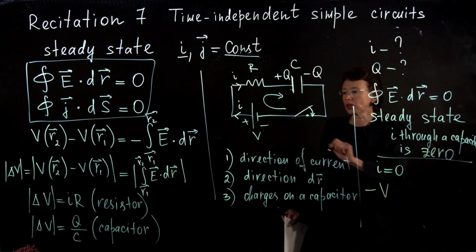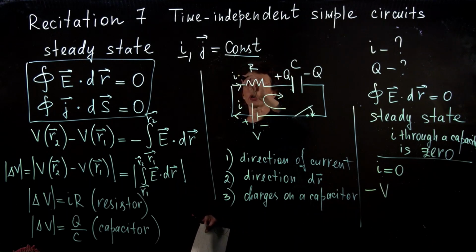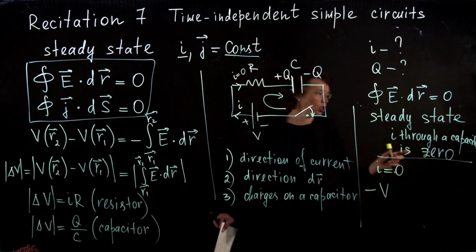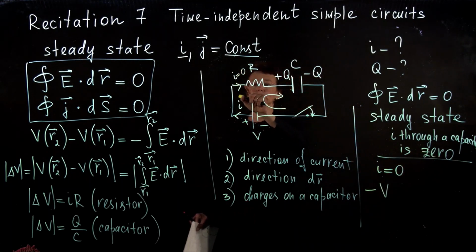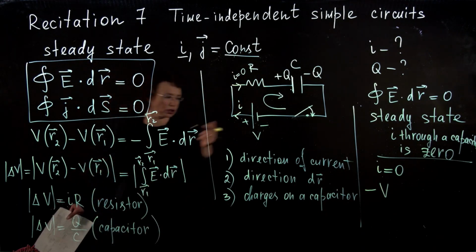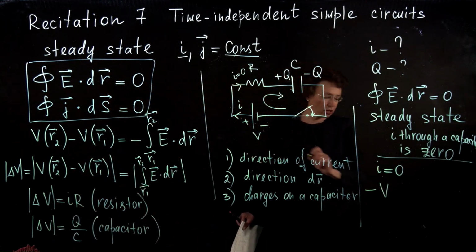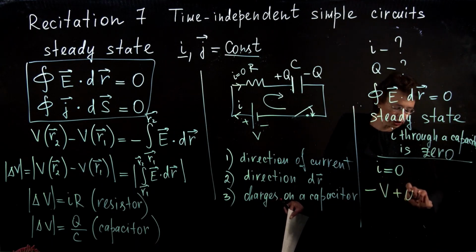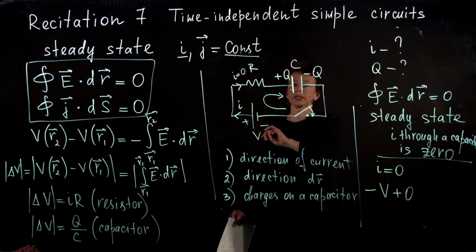Magnitude is V. We keep going. Current is 0, as we just found. Then what is E dot dr across this resistor? E dot dr across this resistor is IR. If current is 0, then it is 0. So I have 0 E dot dr across the resistor.